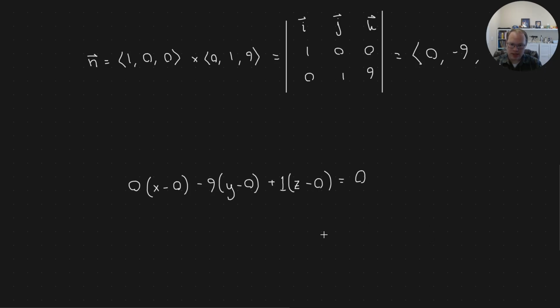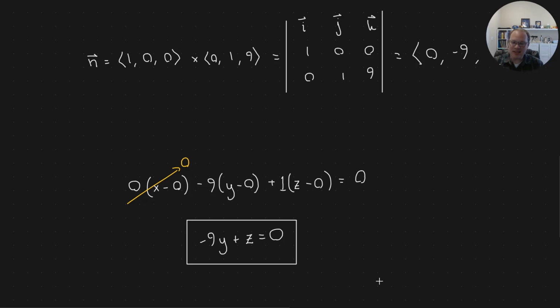Now, of course, this can be simplified. This is just 0, and anytime I subtract 0, I could just say y instead of y minus 0. So if I simplify this, I get negative 9y plus z equals 0. That is the plane tangent to the surface.